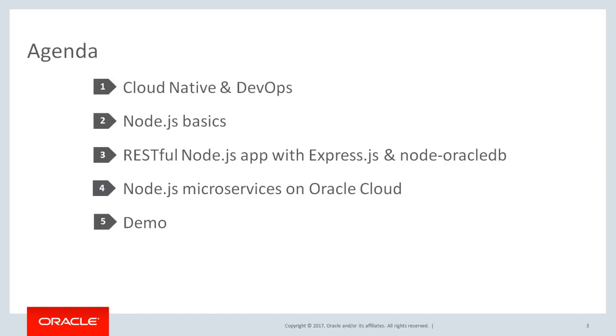Then we'll look at Node.js microservices deployed and running on top of Oracle Cloud, and finally a demo again on top of Oracle Cloud, but this time with a focus on continuous integration and continuous deployment of your Node.js microservice. So let's dive in.